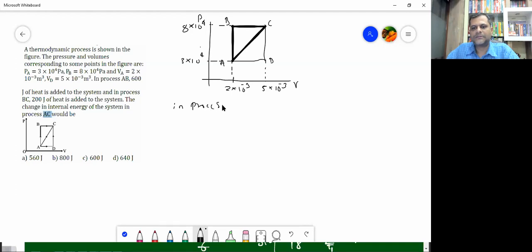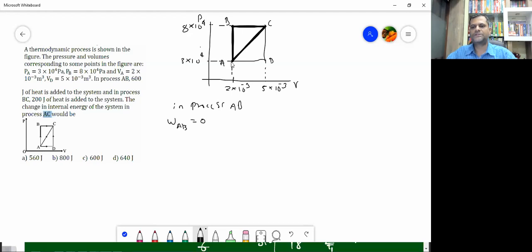We can say, can you find out the work done in this process AB? We can call it as WAB. Yes. So work done in case of AB is going to be 0. Why?